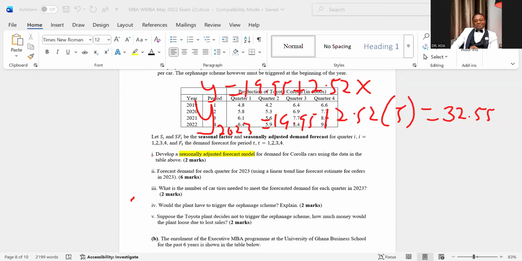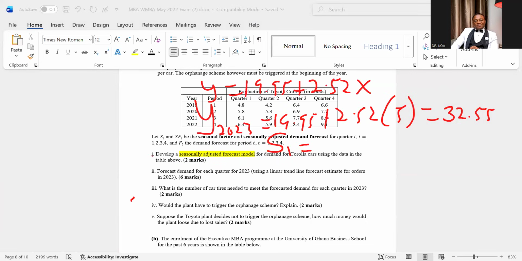But that is not the quarterly demand. If I want the quarterly demand, you remember the seasonal factor was given as S_I, where I is for the period. But what we are being asked to do here is forecast demand for each quarter.